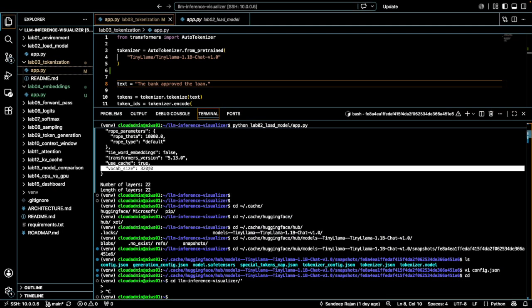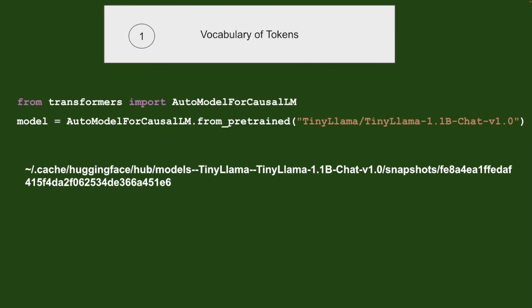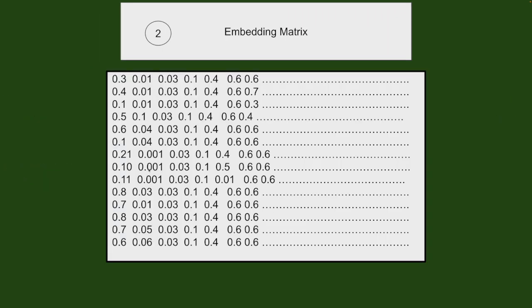So there are 32,000 static embeddings. There are 32,000 tokens in the vocabulary for this LLM model, and there is also an embedding matrix, which has rows and columns, and each token ID refers to one of the rows in the embedding matrix. And one such row is called an embedding vector.